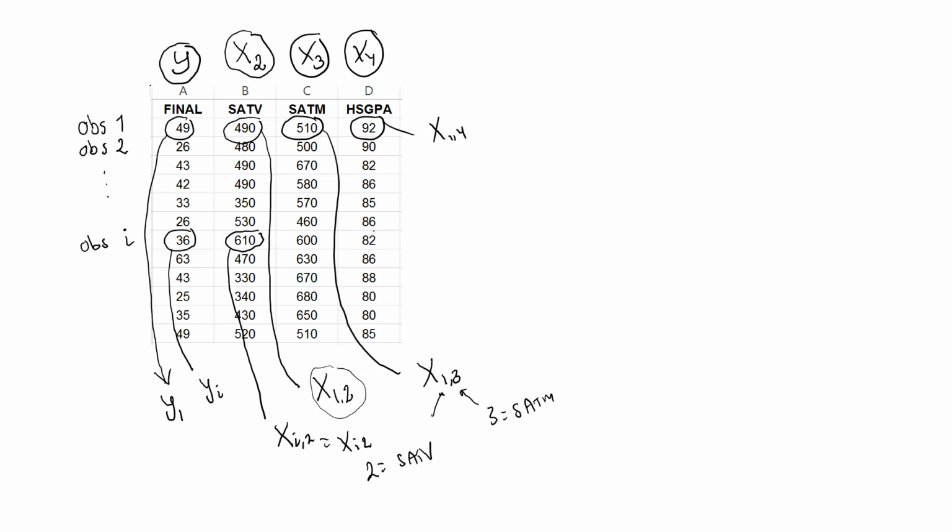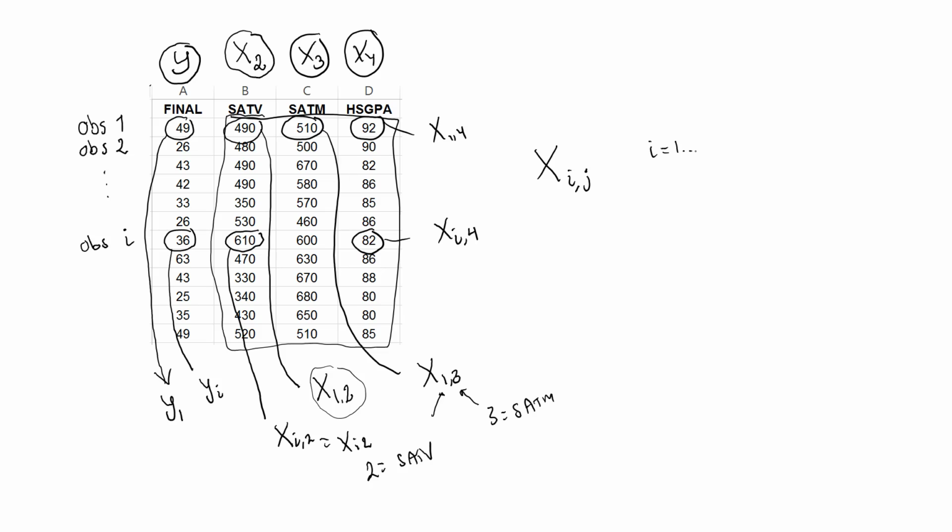And this is x1,4. This would be xi,4. And sometimes we simply say xi,j to refer to an arbitrary number among the explanatory data.